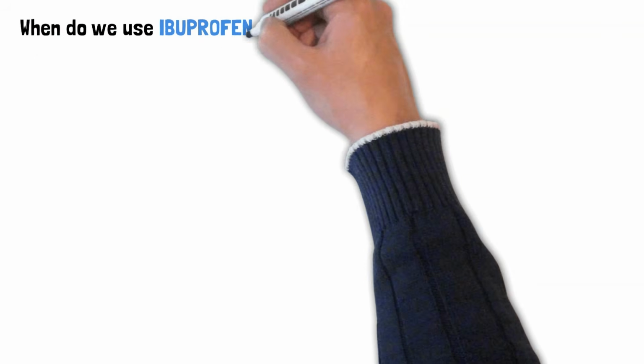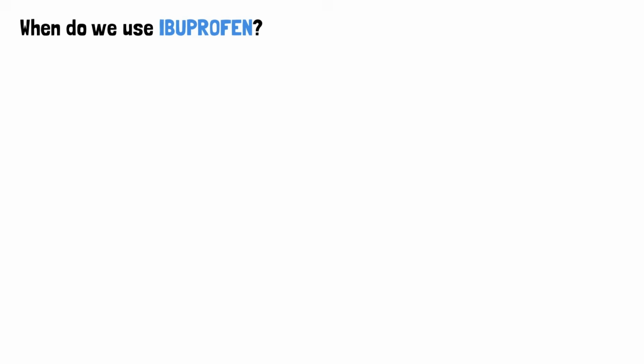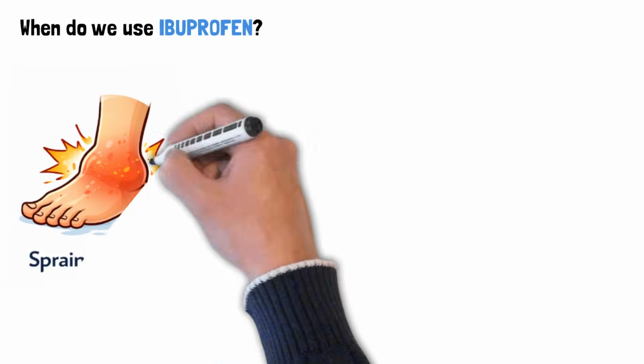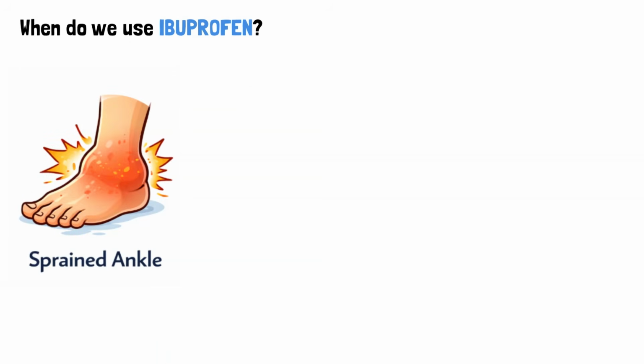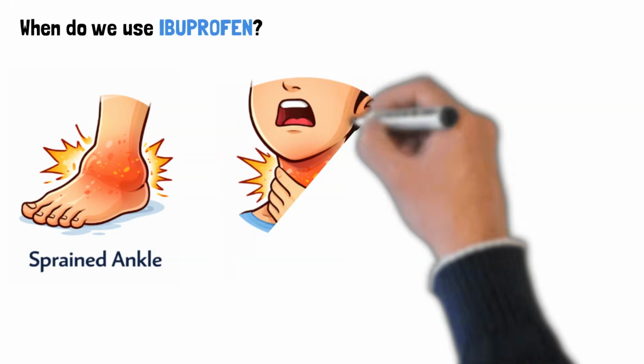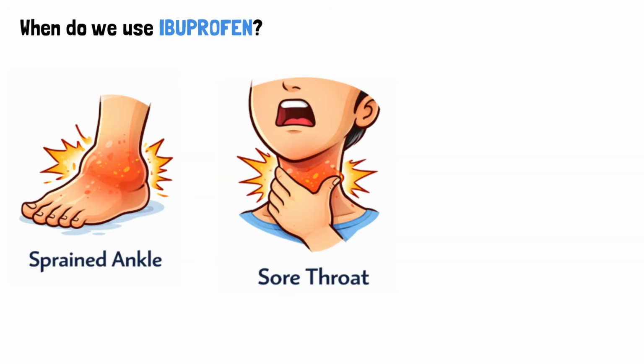A few examples of when we use ibuprofen is, we've said it, when you have a sprained ankle or any injury really, because you're not just hurting, that tissue is inflamed because it's kind of damaged, right? So we lower the prostaglandins, which lessen the swelling and lessen the pain. We can also see it if you've ever had a sore throat, and that sore throat is from inflammation in the tissue inside the throat.